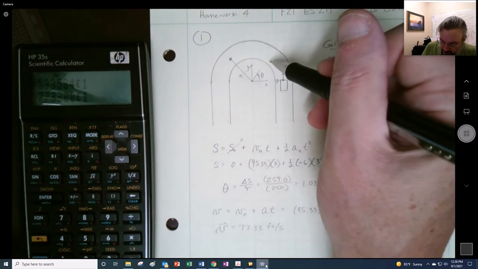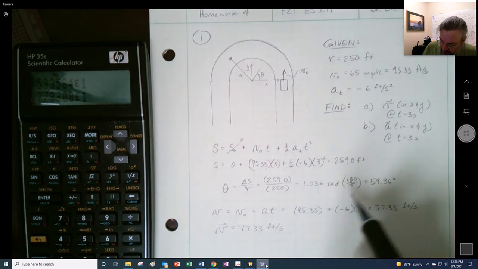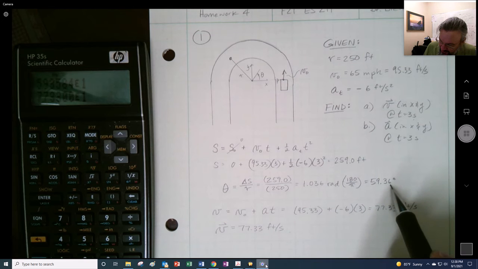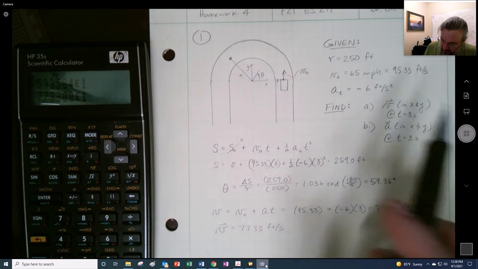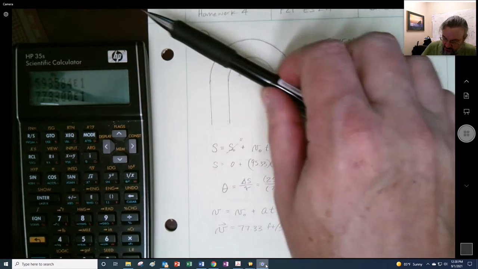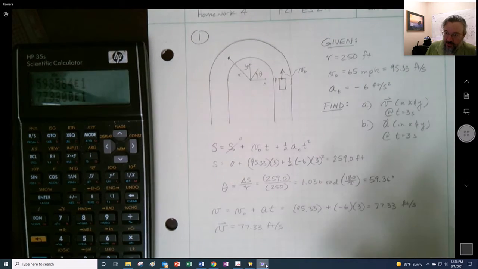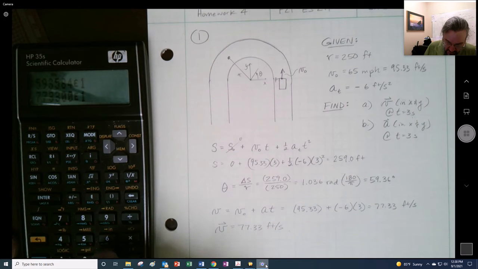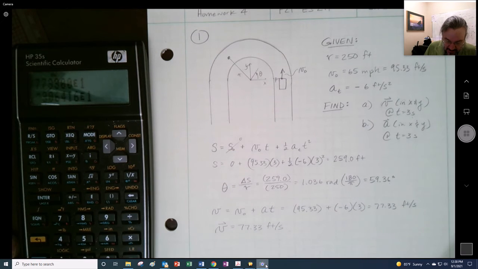If they're at 59.36 degrees right there, then their velocity, their movement, is actually going to be the complement of that, 90 minus that. Did I get that right?